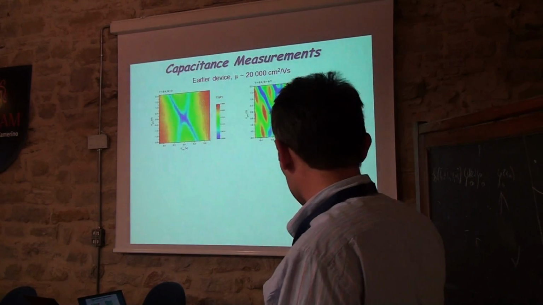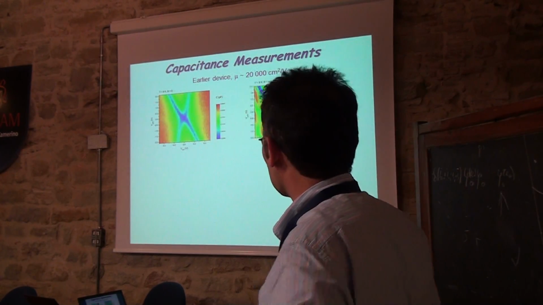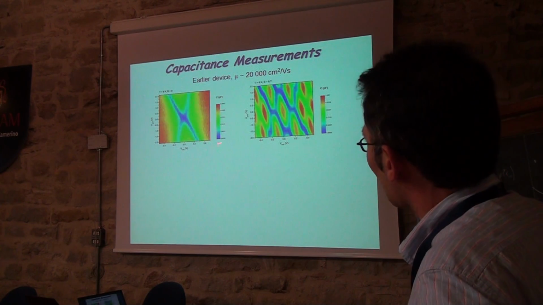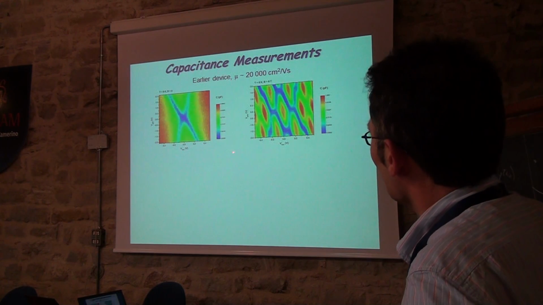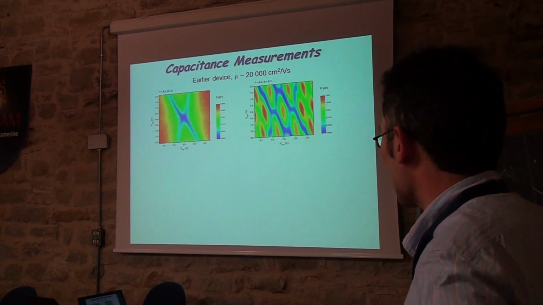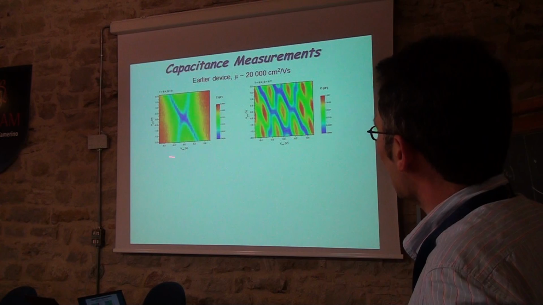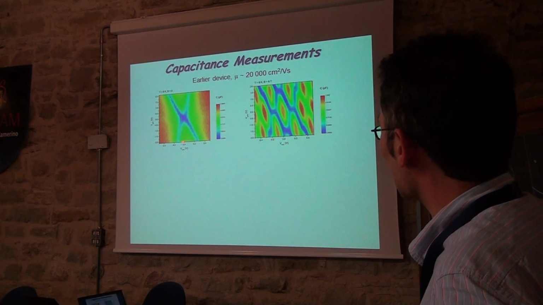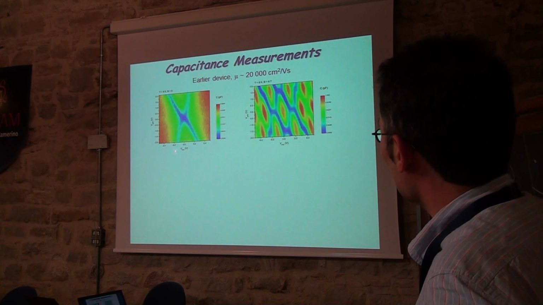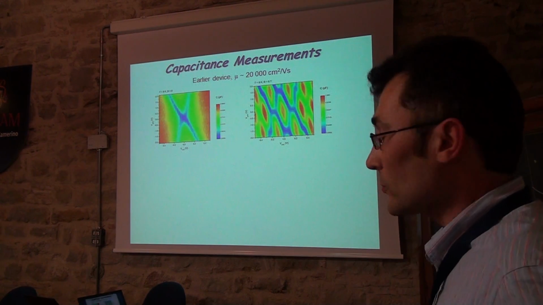Okay, then another kind of measurements are these capacitance measurements, which I mentioned. I will not go into any details, but I will show you some rather early devices, say preliminary measurements. This is capacitance measured between two graphene layers as a function of voltage applied between layers and the gate voltage. These blue lines here track the position of Dirac points.